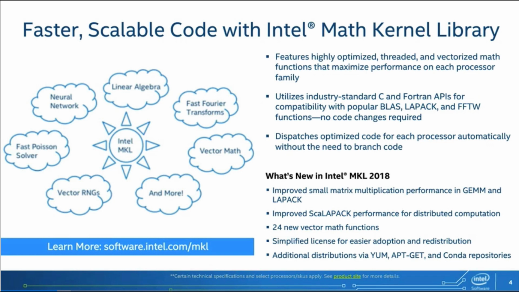And so small matrices become more important in those situations. We've continued to work on distributed computation in the case of ScaLAPACK, 24 brand new math functions, simplified license structures, and additional distributions via other repositories that people like to use.